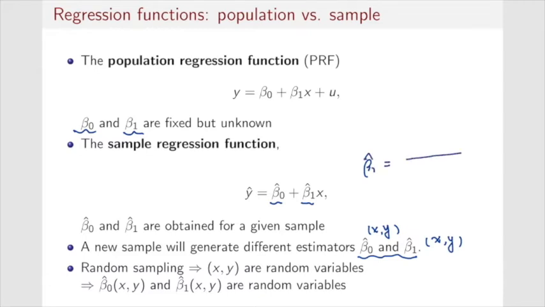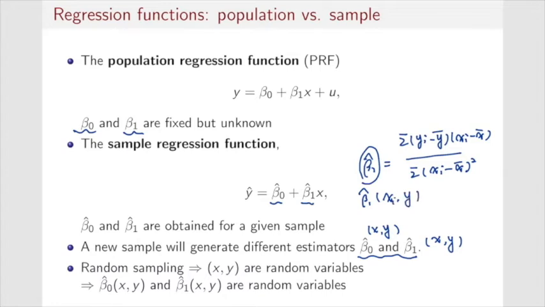For example, beta 1 hat is equal to the covariance between x and y divided by the total variation of x. So you can treat beta 1 hat as a function of xi and yi, i equal to 1 to n.